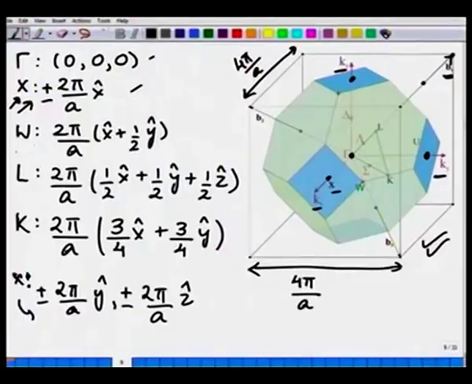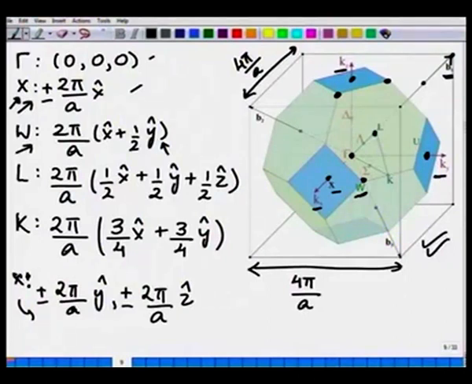Similarly, look at the W point, which is right here. These W points are of equivalent symmetry everywhere. So this is also a W point, this is also a W point, and so on. I have shown you the one which is marked here. This particular point is 2 pi by a times x hat plus half y hat. Try it out yourself.